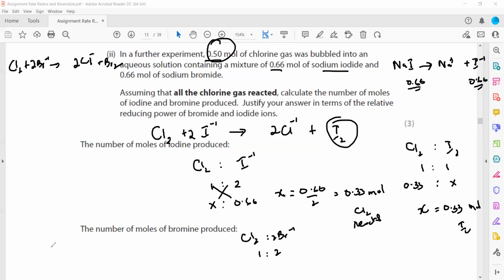So how many moles are left to react with bromide? Originally it was 0.5, and 0.33 has reacted, so 0.17 moles of chlorine are unreacted. So 0.17 will react with the remaining bromide. Cross multiply: 0.17 divided by 2.